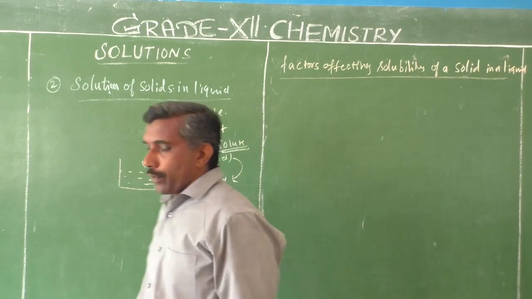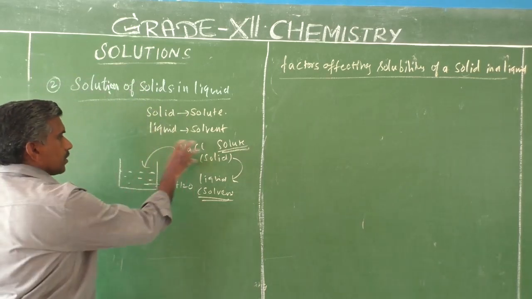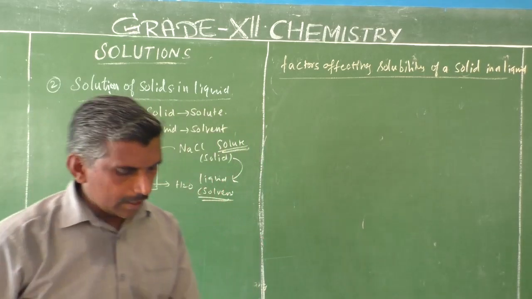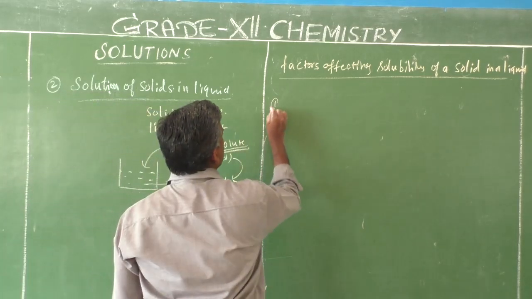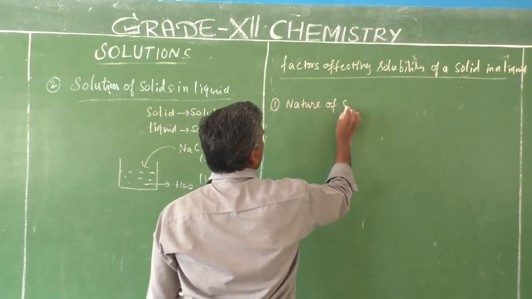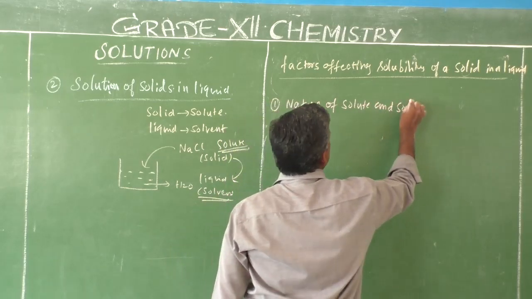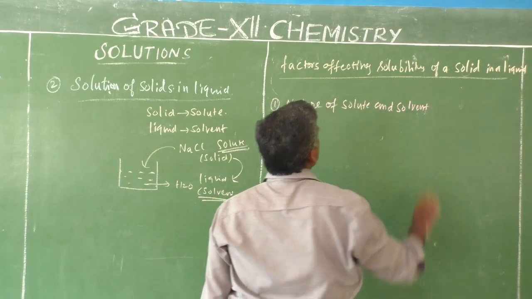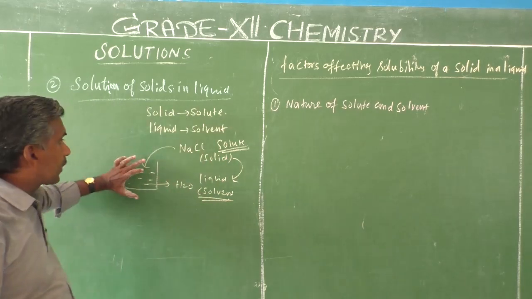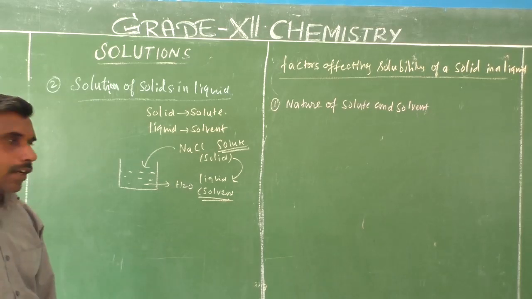Which factors affect the solubility of sodium chloride in water? First, the nature of the solute and the solvent.